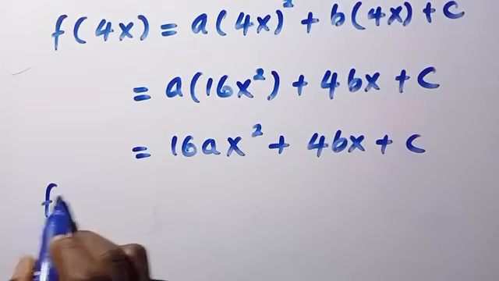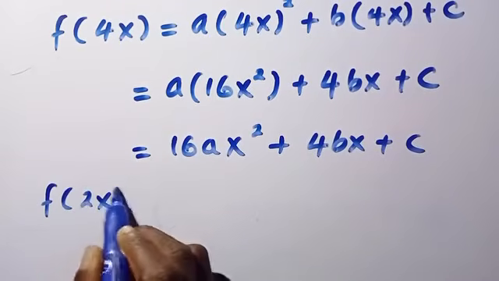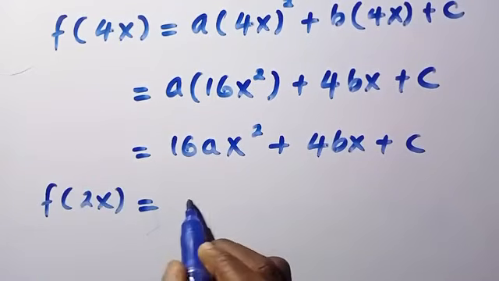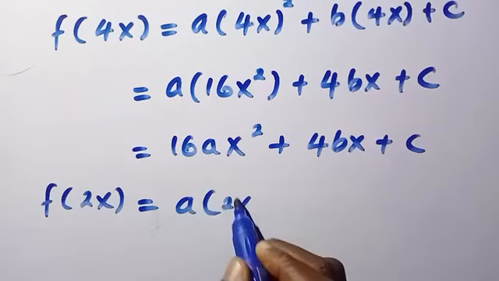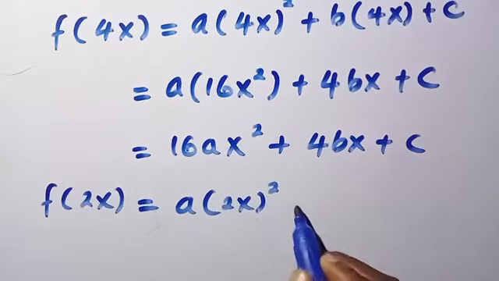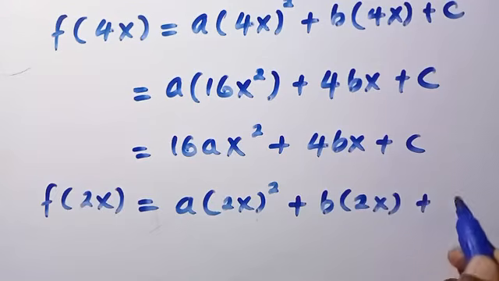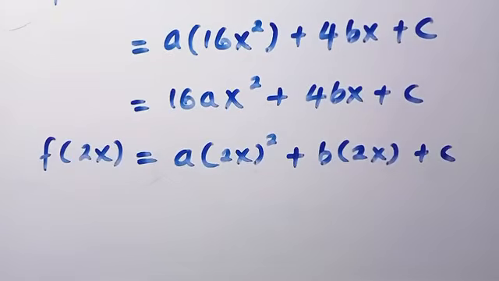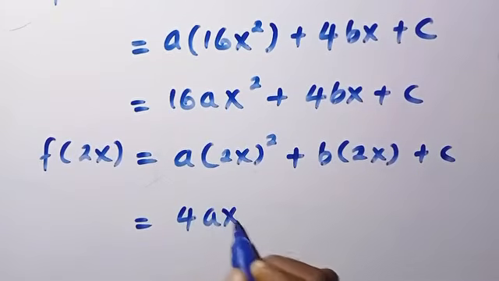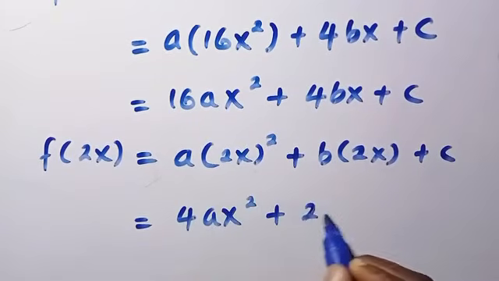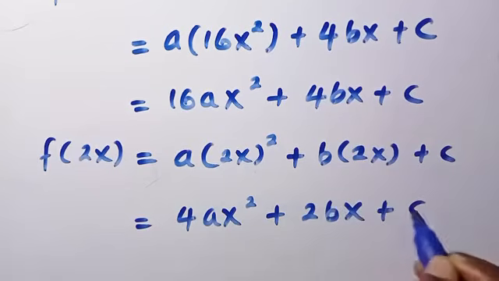Again, we need to find f of 2x. For f of 2x, we are going to have a into bracket of 2x squared plus b into bracket of 2x plus c. Then the whole of this becomes 4ax squared plus 2bx plus c.